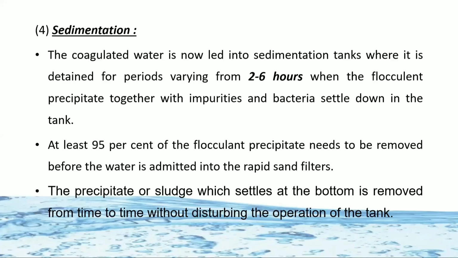At least 95% of the flocculant precipitate needs to be removed before the water is admitted into the rapid sand filter. The precipitate or sludge which settles at the bottom is removed from time to time without disturbing the operation of the tank.